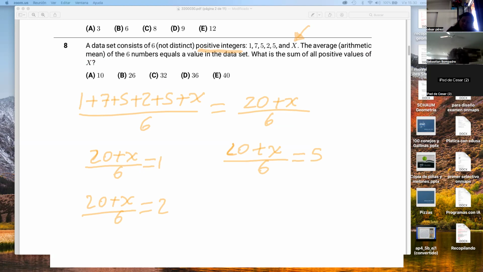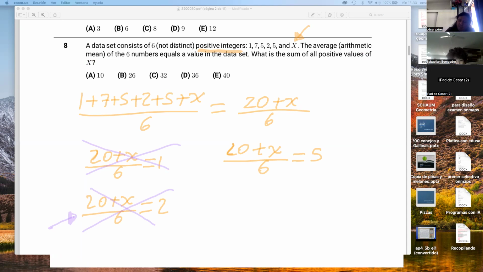We will discard this one. You can see why? Because 20 is above 6, which is 6 times 1. Okay, yes. So we can discard this one. And this, because 12 is also smaller than 20. Okay, yes.